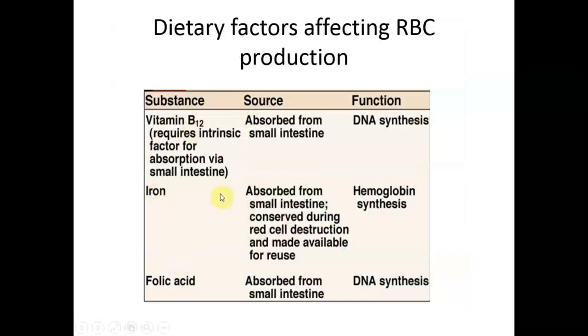We will see later on in the next lectures that B12 and folic acid are required for DNA synthesis in the early stages of proliferation and differentiation of the red blood cell precursors when they have a nucleus. And iron is required for hemoglobin synthesis, and deficiency of those factors is going to result in certain types of anemia.